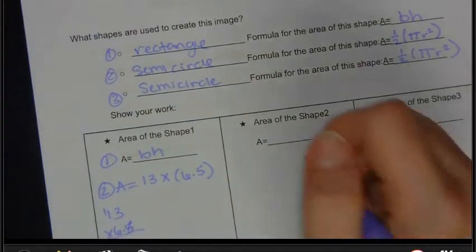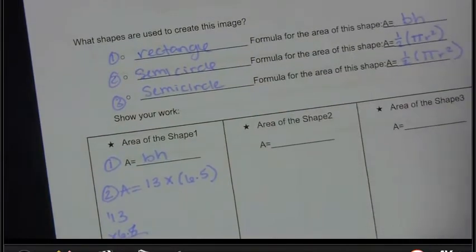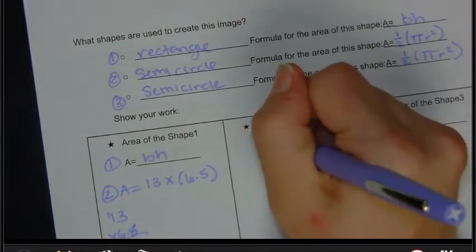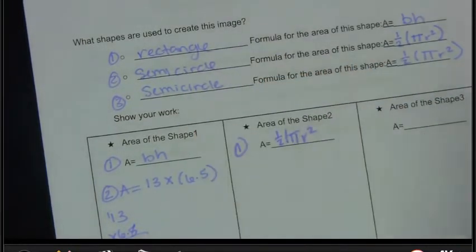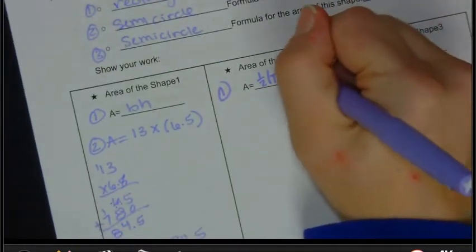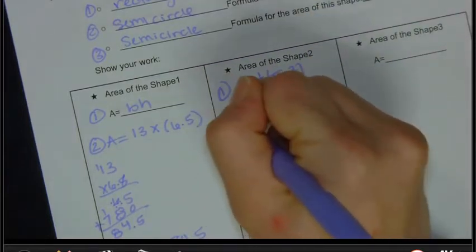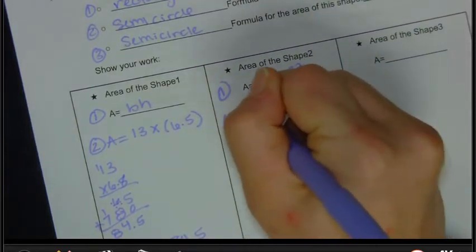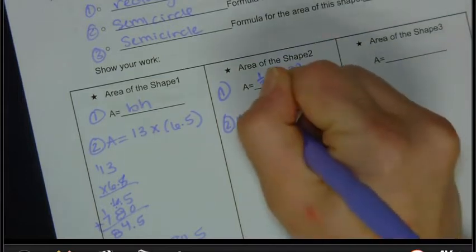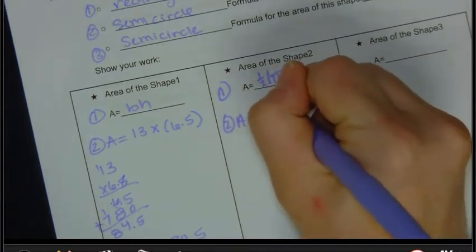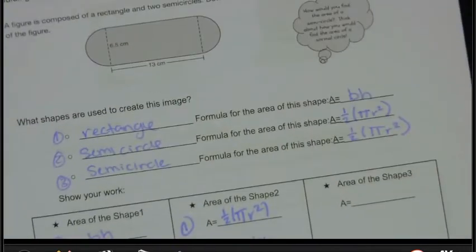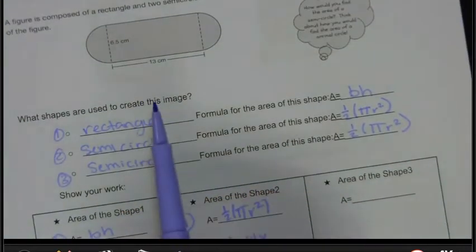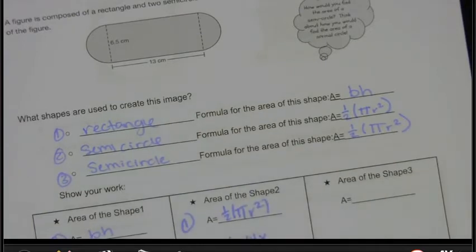Okay, the next one is the area of my second shape, which is my first semicircle. It's going to be 1/2 pi r squared. First step. Second step, I'm going to expand everything. So 1/2 pi turns into 3.14 times... I've got 6.5, and this is my diameter, and I need to find my radius.